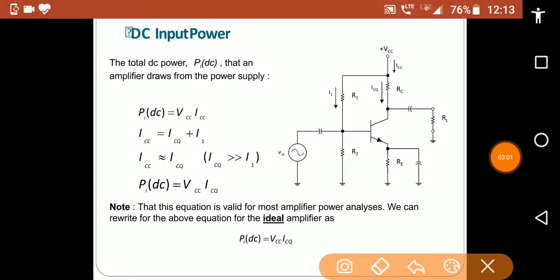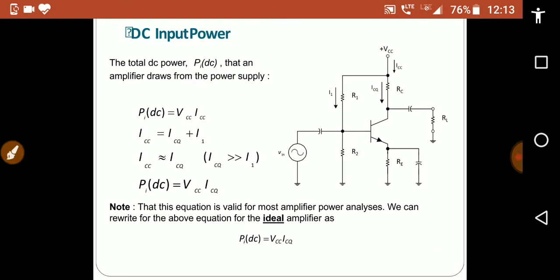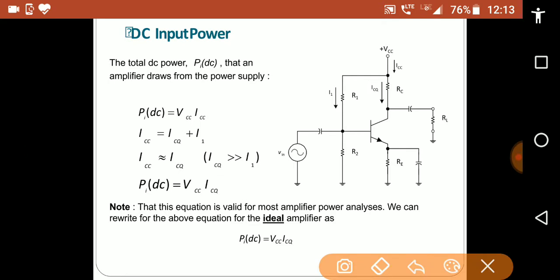So let us calculate the DC input power. The total DC power, PIDC, that an amplifier draws from the power supply is given by PIDC equal to VCC into ICC. Here ICC equal to ICQ plus I1.